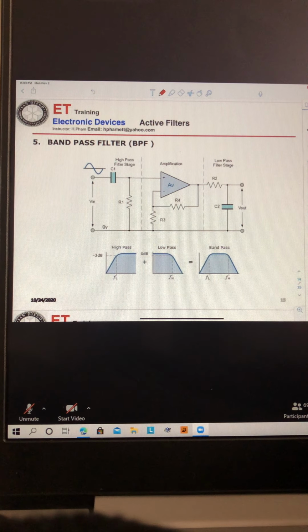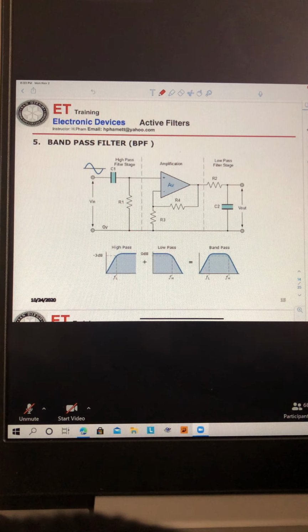Non-inverting amplifier. Right, non-inverting amplifier. What is the gain? 1 plus R4 over R3. That's correct. Okay.